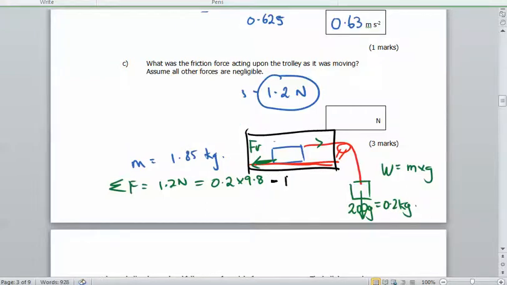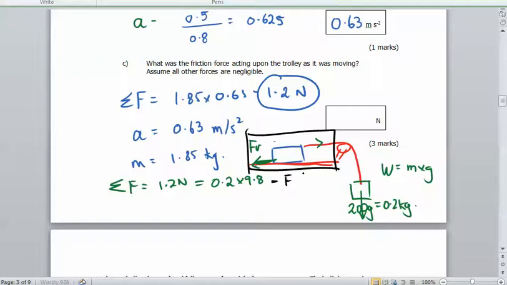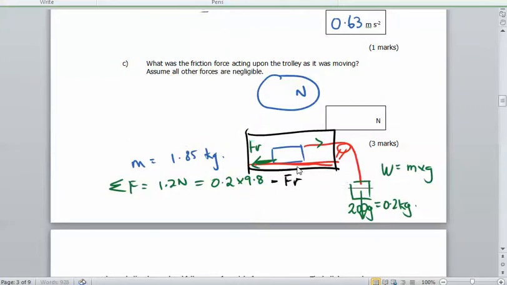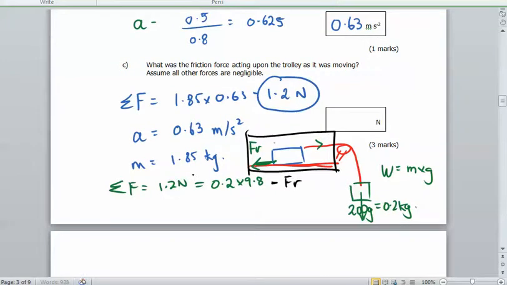Friction. So our friction force, let's rearrange this then. Let's get the friction force over to the left, which means that we have to take 1.2 away from 0.2 times 9.8. What does that give us? 1.96.